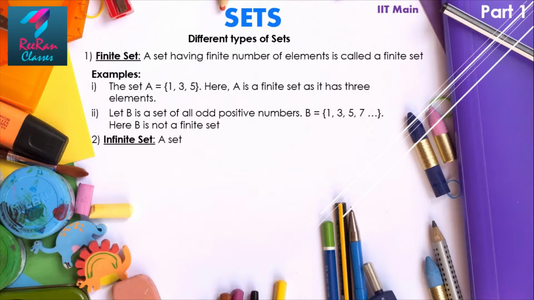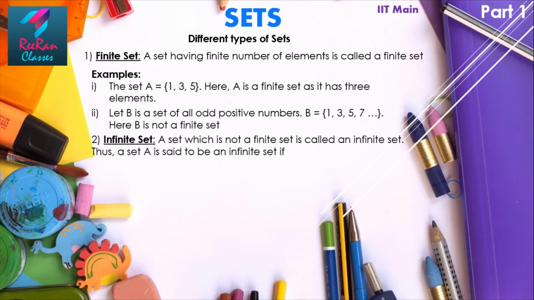Second type of set is infinite set. Exactly, a set which is not a finite set is called an infinite set. Thus, a set A is said to be an infinite set if the number of elements of A is not finite.